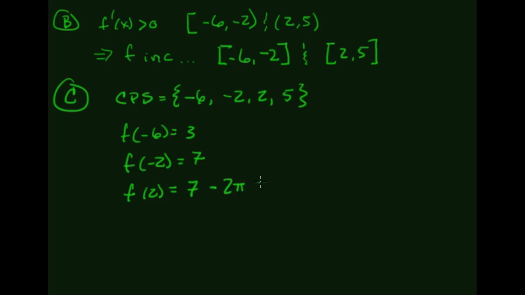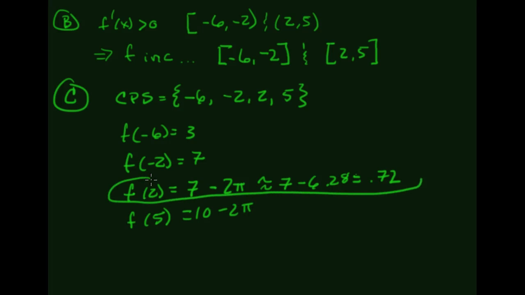Now, this is approximately 7 minus 6.28, which is about 0.72. And f of 5 we already found was 10 minus 2 pi. So that's our winner. That's our minimum. The minimum is 7 minus 2 pi.